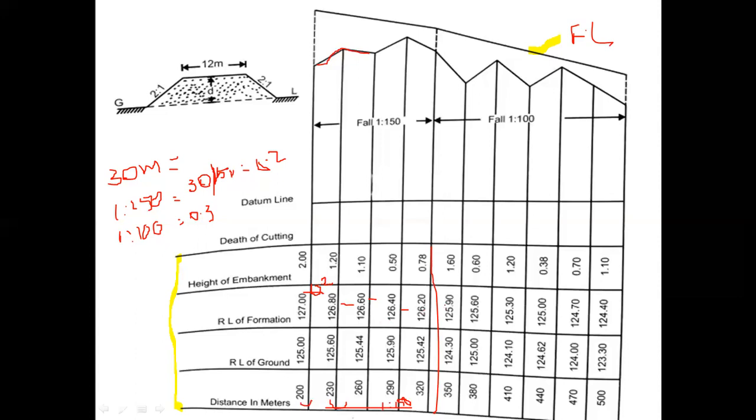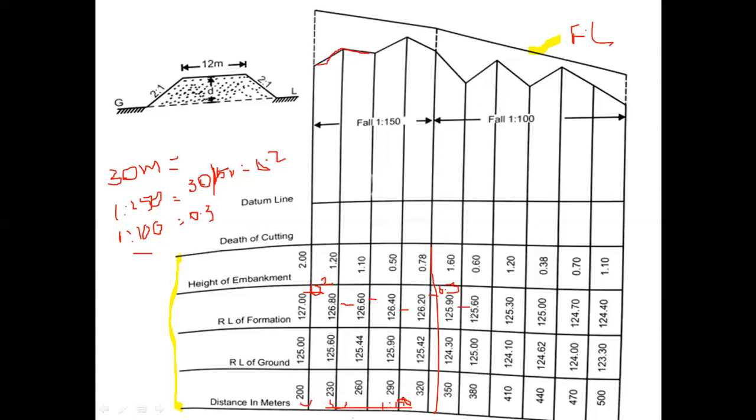Next is the gradient 1 in 100. So 30 by 100 is equal to 0.3. So 126.20 minus 0.3 is equal to 125.90.